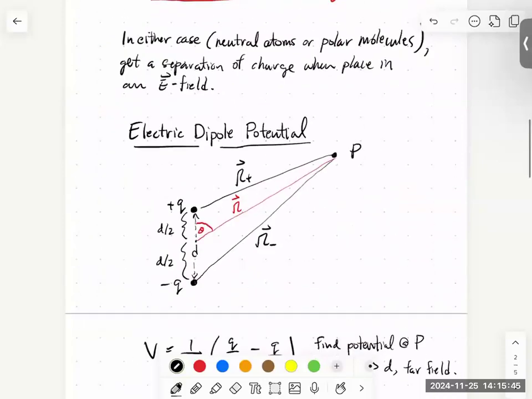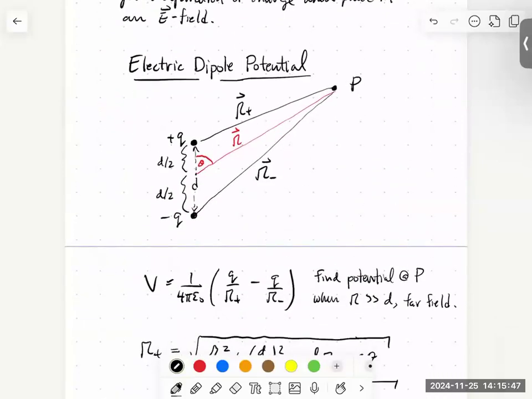Where did it go? Here it is. And I'm going to define a vector that is going to go from the negative charge to the positive charge.